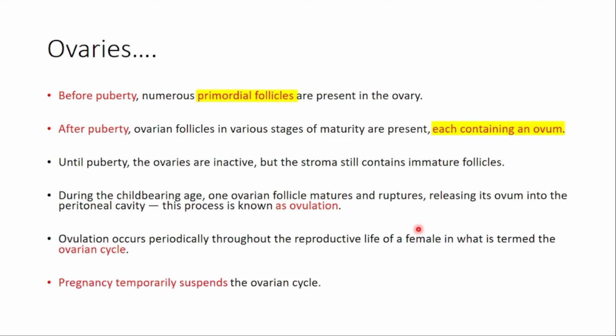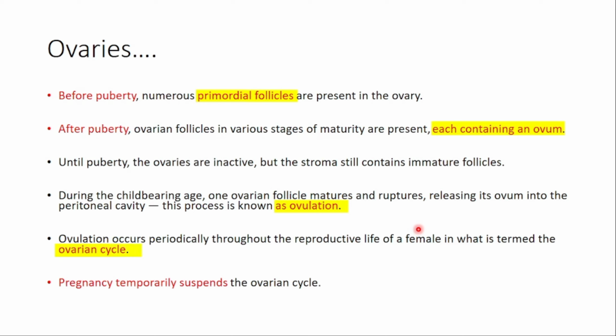And during the childbearing age of a female, only one ovarian follicle matures and ruptures, releasing an ovum into the peritoneal cavity that is eventually grasped by the fallopian tube with the help of the fimbria. And this process of release of ovum from the ovary is known as ovulation, and it occurs periodically throughout the reproductive life of a female in what is termed as the ovarian cycle.